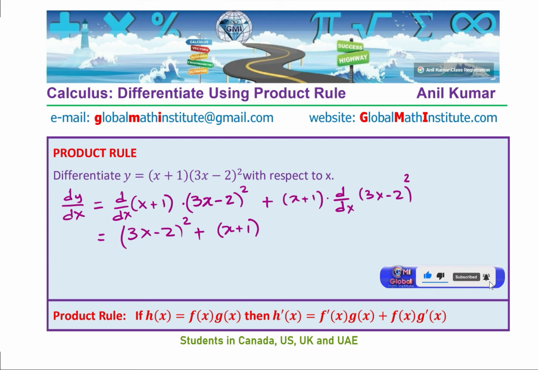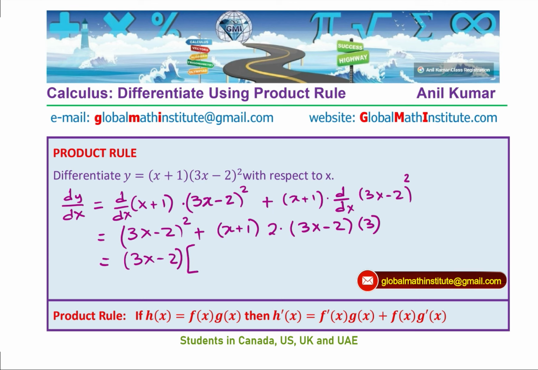So we'll apply the power rule combined with the chain rule. So it will be 2 times (3x minus 2) times the derivative of the inside function, which is 3x, and that is 3. So now we can factor out 3x minus 2 and simplify.